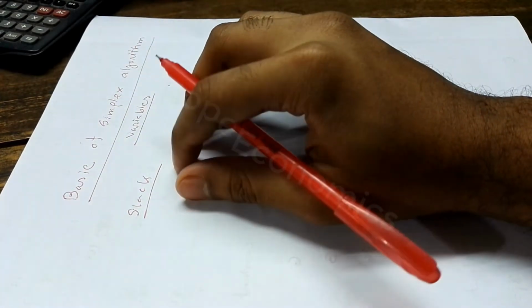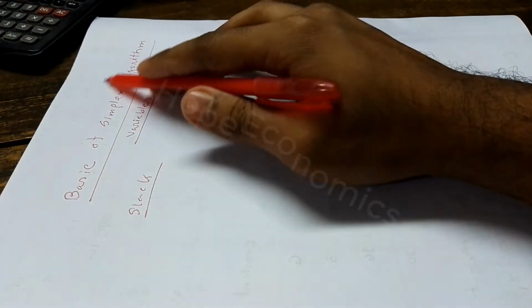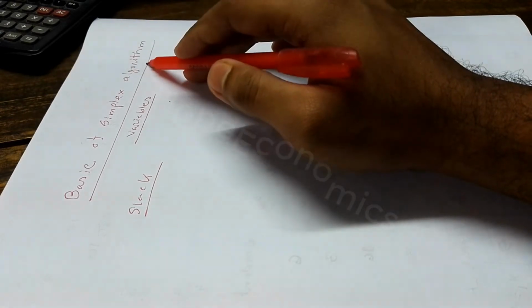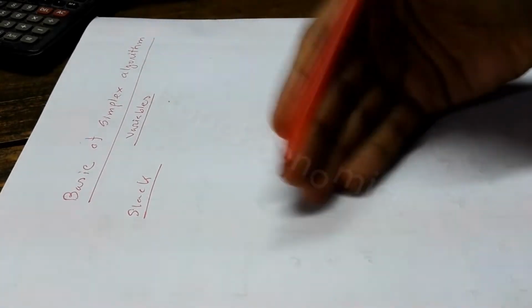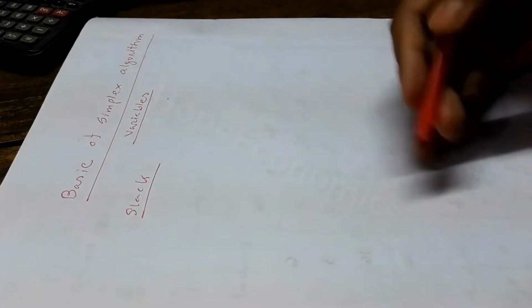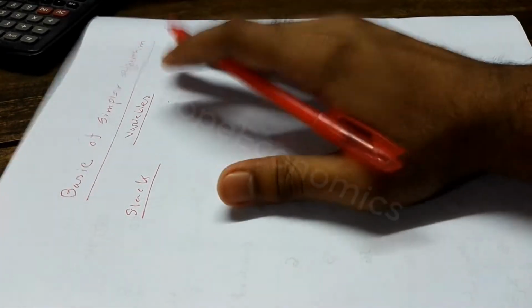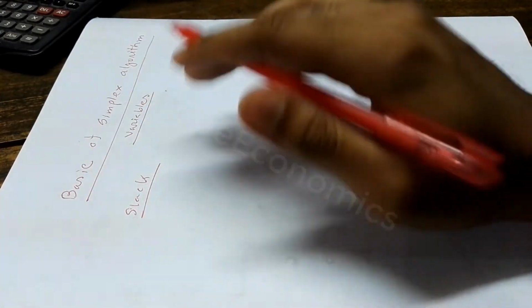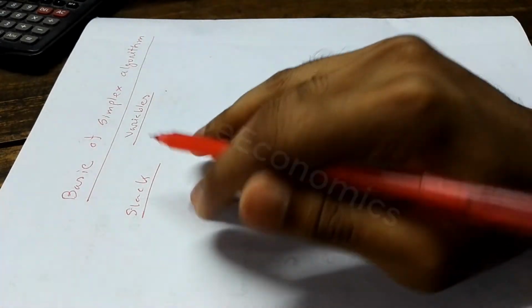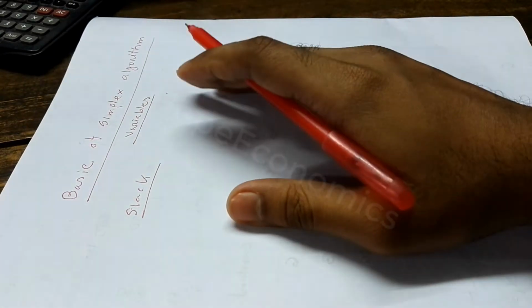Before describing the slack variable, I want to say why this is called the Simplex algorithm method. What does algorithm mean? Algorithm means a procedure that you have to do continuously until you reach a final point. While we find the solution, either maximizing profit or minimizing cost, we continue this process until we reach a solution.